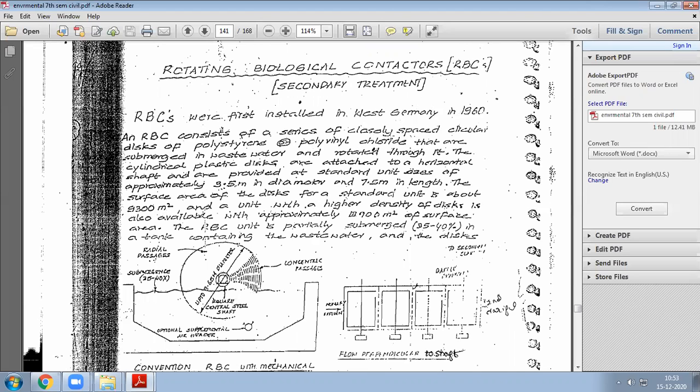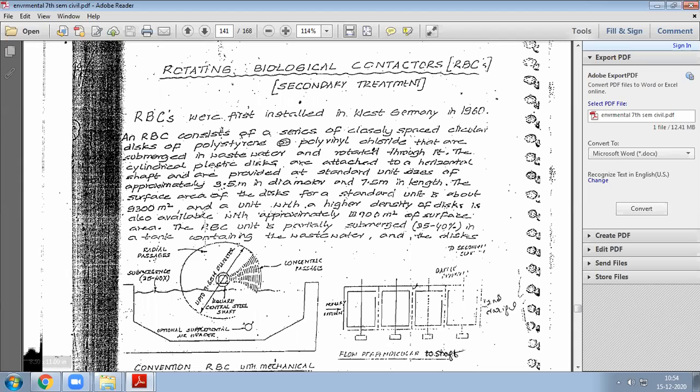It has a series of closely spaced circular discs of polystyrene or polyvinyl chloride that are submerged in wastewater and rotated through it. One cylindrical rotating disc is there, and like this many discs they will place, rotating in the wastewater. The discs are made of polyvinyl chloride.